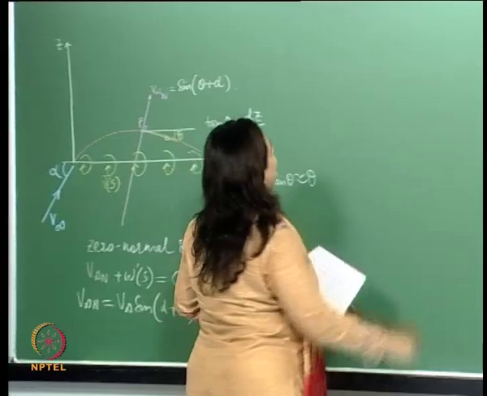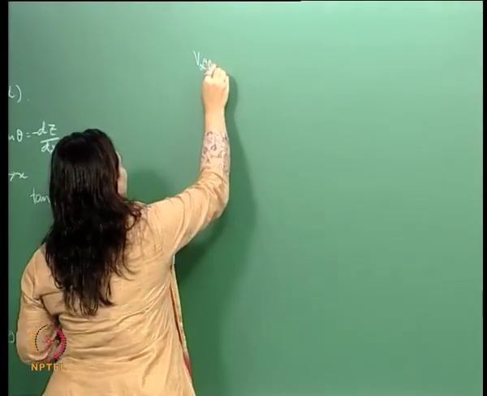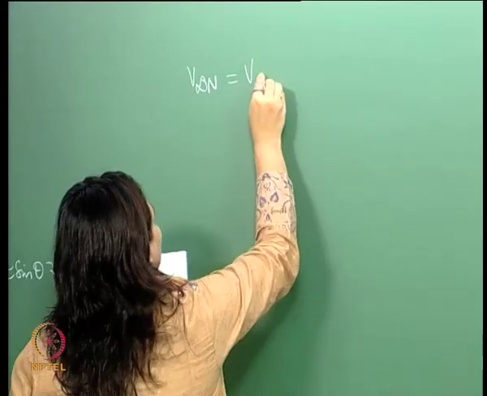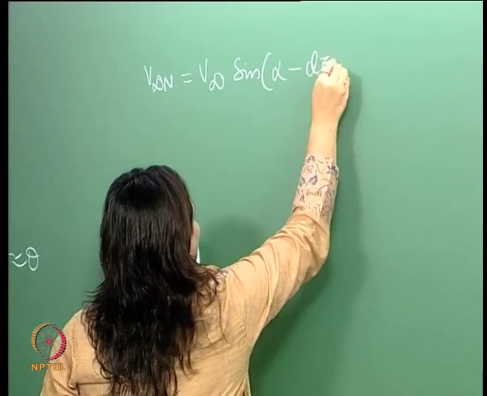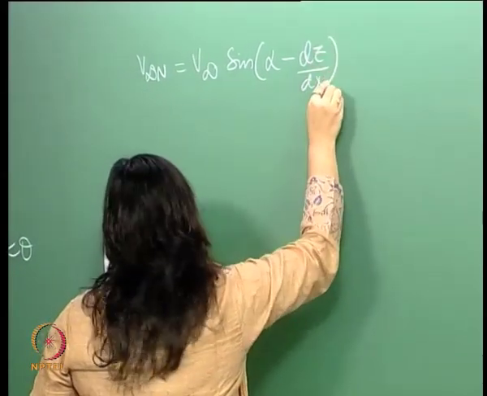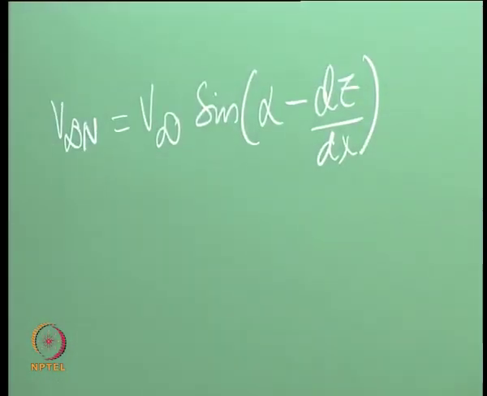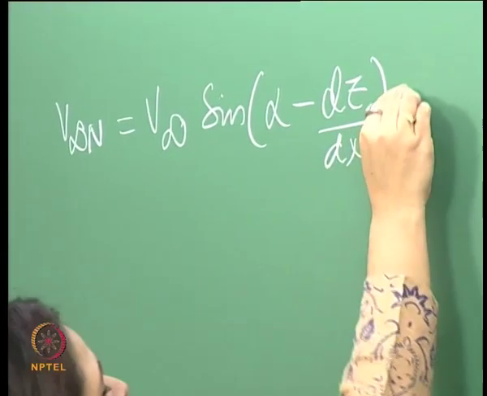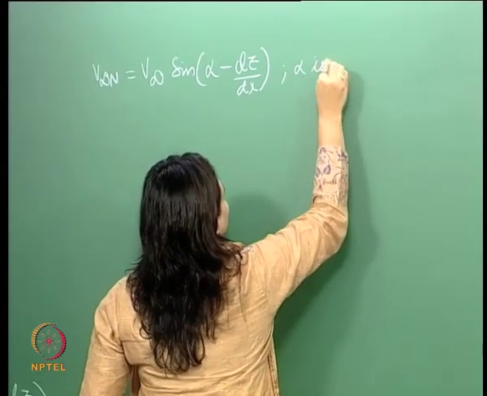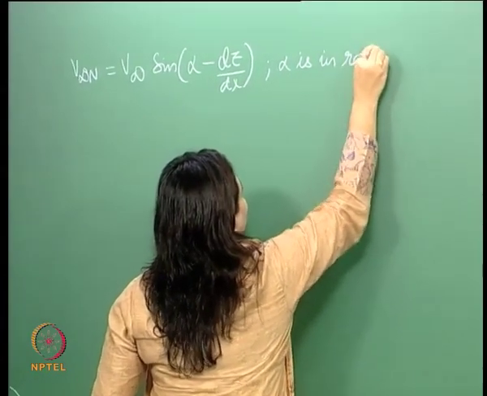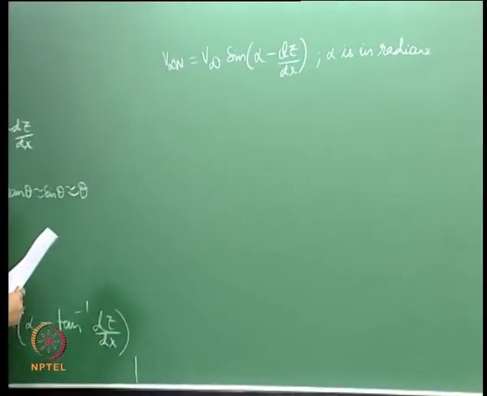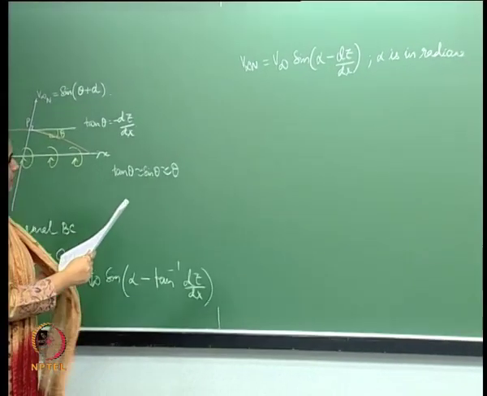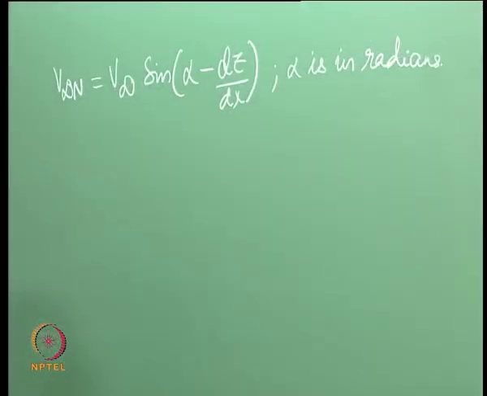So basically I will write my normal component as this, where this is V infinity sine of alpha minus dc by dx, and the alpha is in radians.